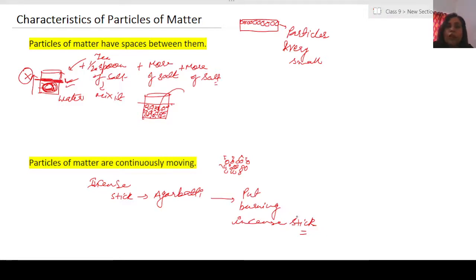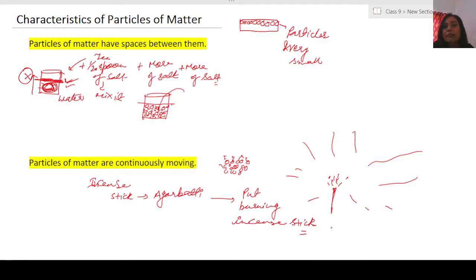Yes or no? So if you are able to smell it, then obviously the particles can travel from that particular corner of the room to the various places in their surroundings, and that is why they are spreading the fragrance of the incense stick.